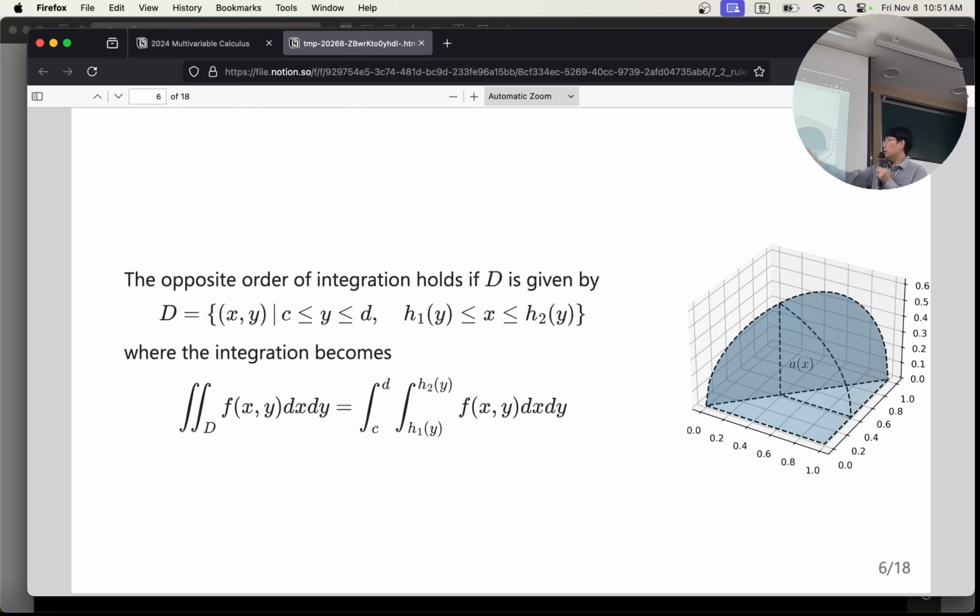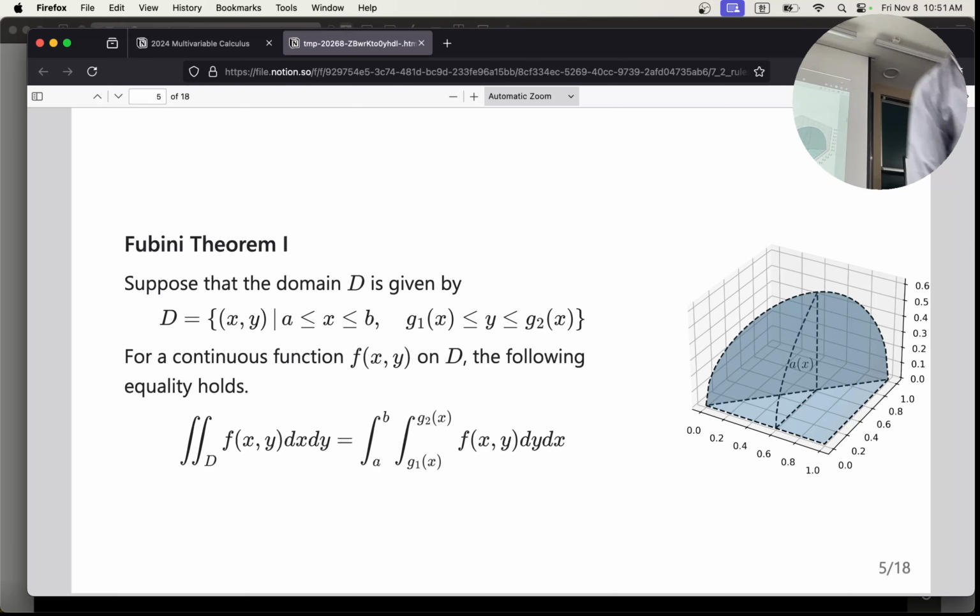You want to integrate over this range, h1(y) to h2(y), to get the area Ax. So you get this formula. The difference is that you have a different order of integration. In this case it's dx dy, but in the previous equation, you can see that it's dy dx.